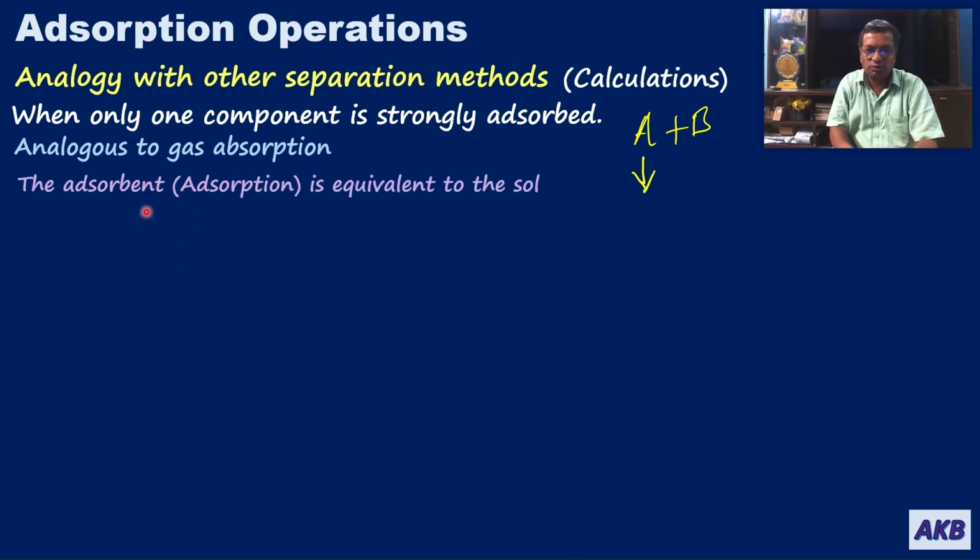The adsorbent in the case of adsorption is equivalent to the solvent in the case of gas absorption. So when only one component is strongly adsorbed, we can say that adsorption is analogous to gas absorption, at least for calculation purposes.